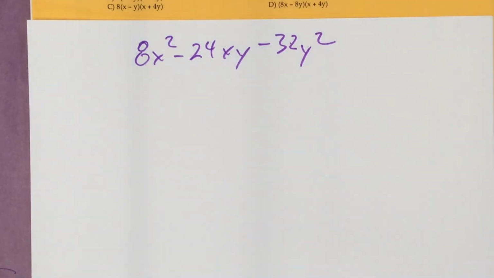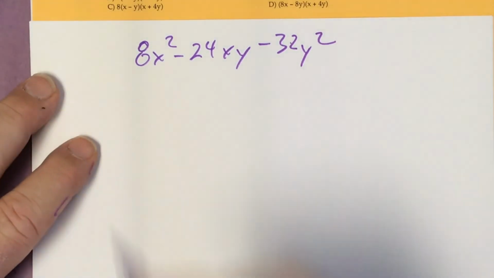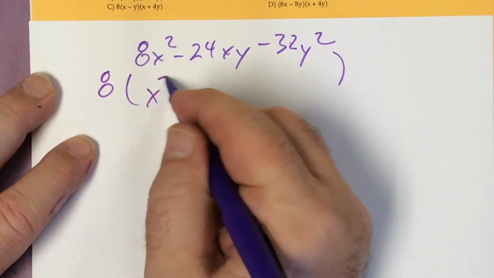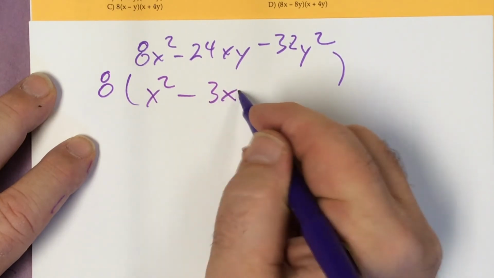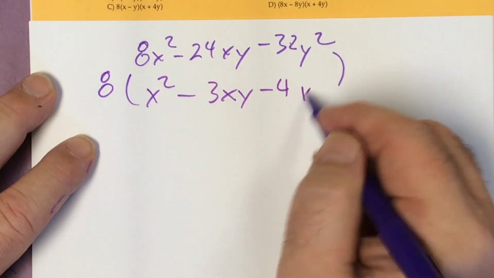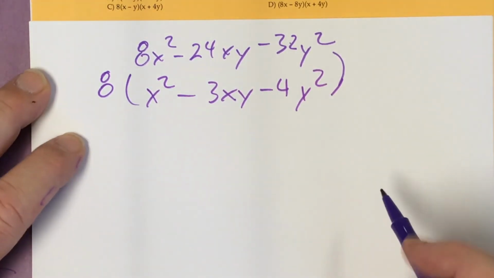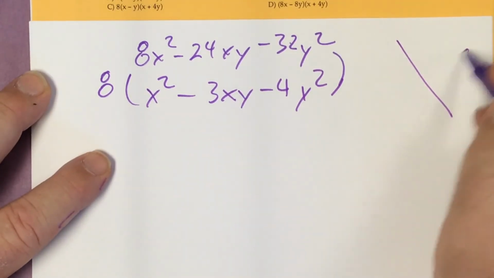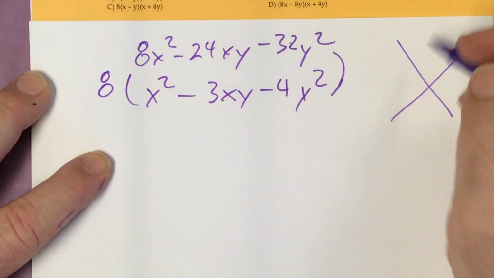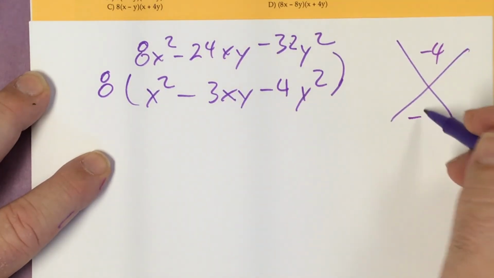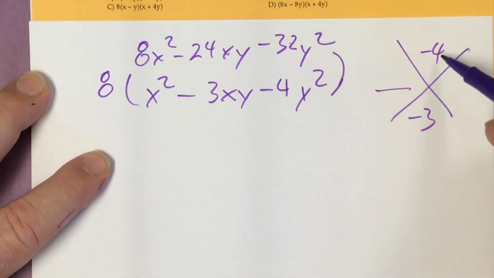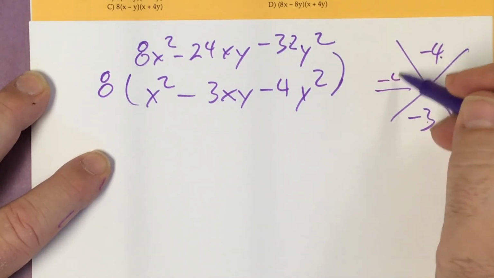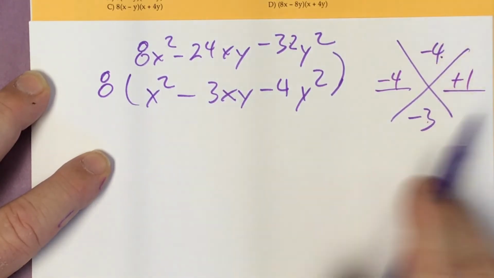The first type of factoring you always want to look for is the greatest common factor. And we can factor an 8 out of this. So this will leave us with x squared minus 3xy minus 4y squared. Hopefully most people can see that if I have 2 numbers here that have a product of negative 4, but a difference of negative 3, this is going to be negative 4 times positive 1.